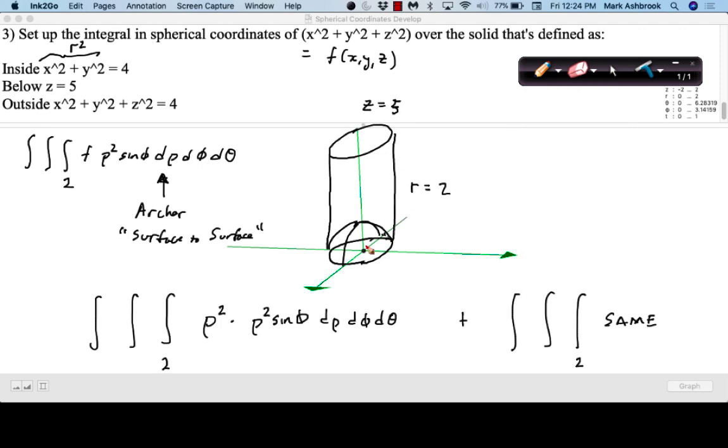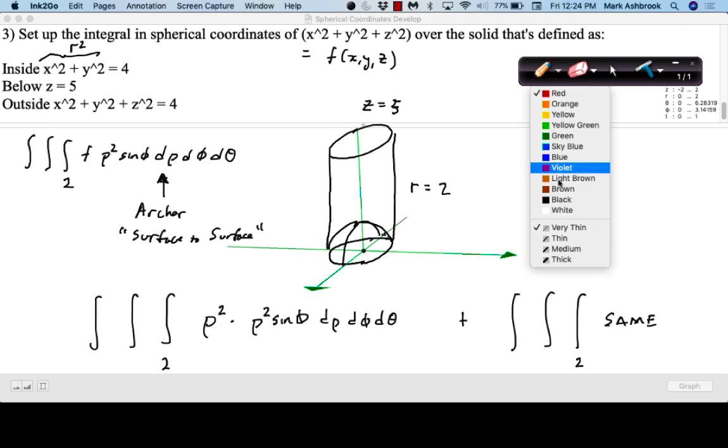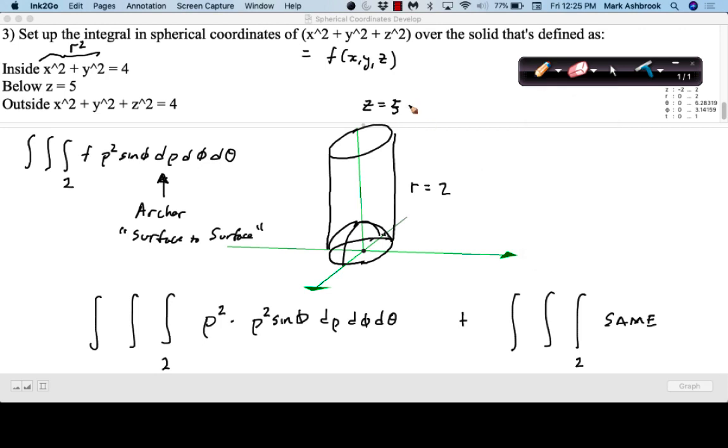So for low values of phi, we're exiting out z equals 5. Well, what is that in spherical coordinates? We need to change that into spherical coordinates. What is z in spherical coordinates? Rho cosine phi equals 5.